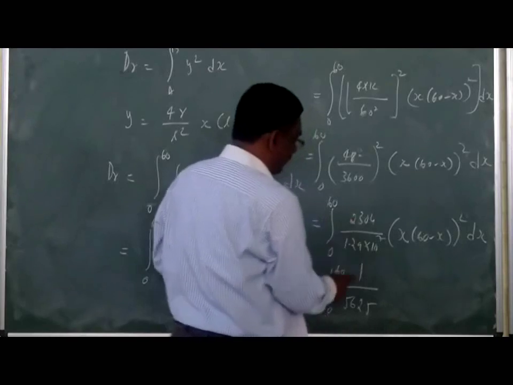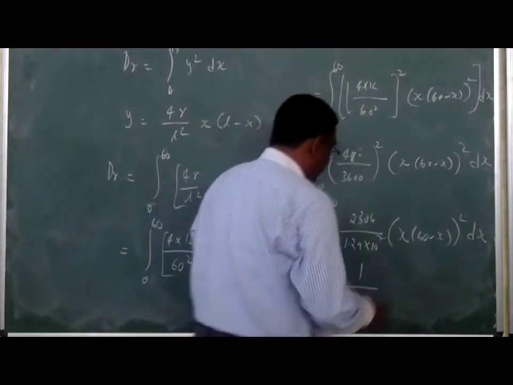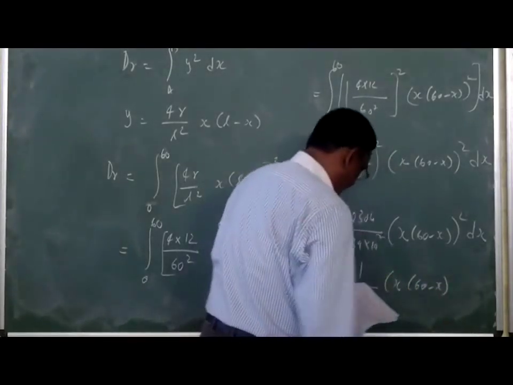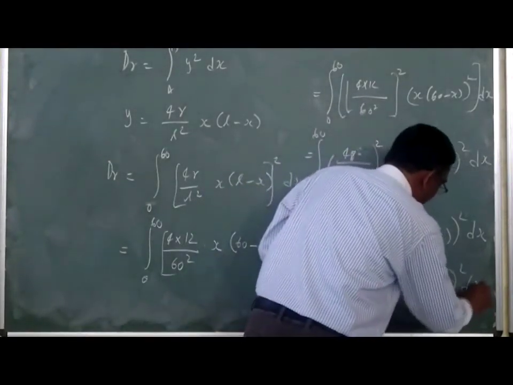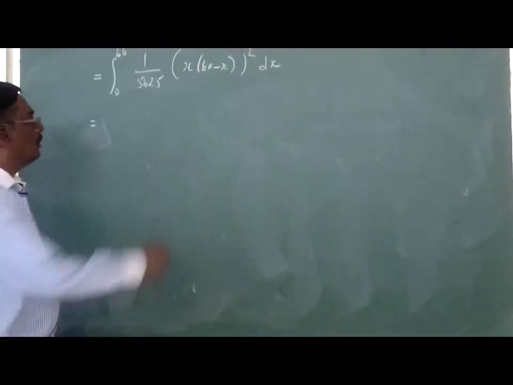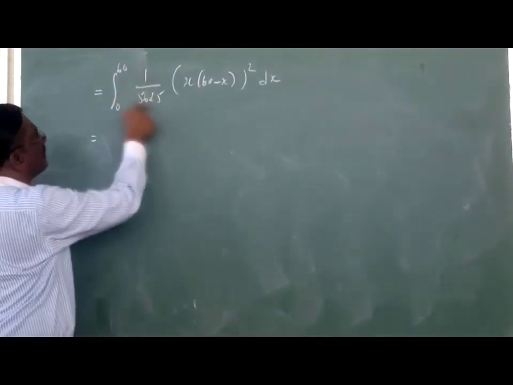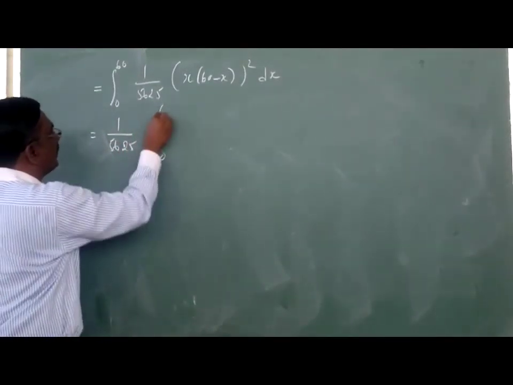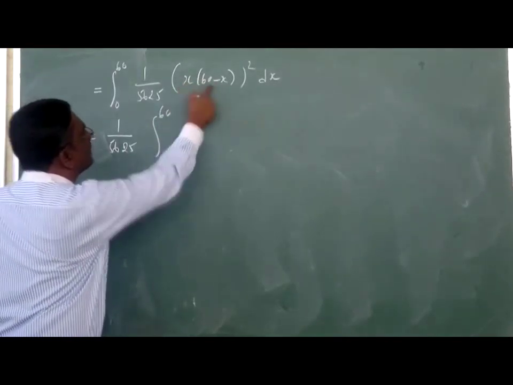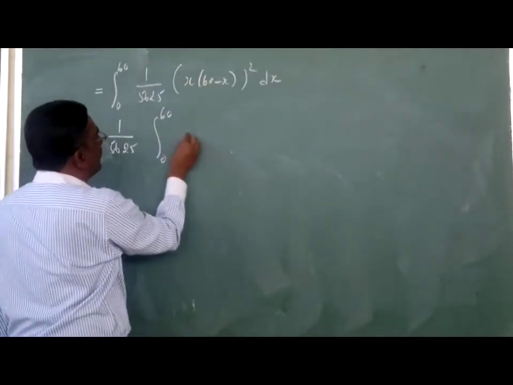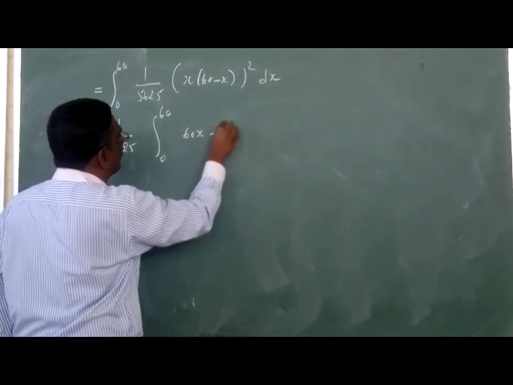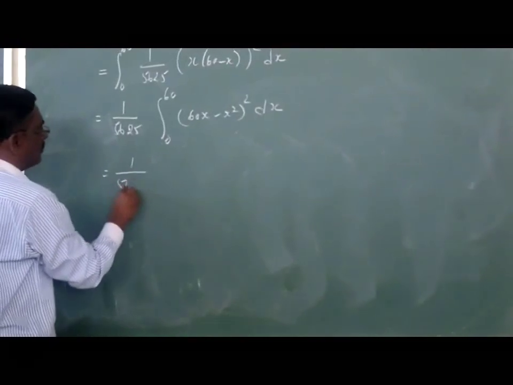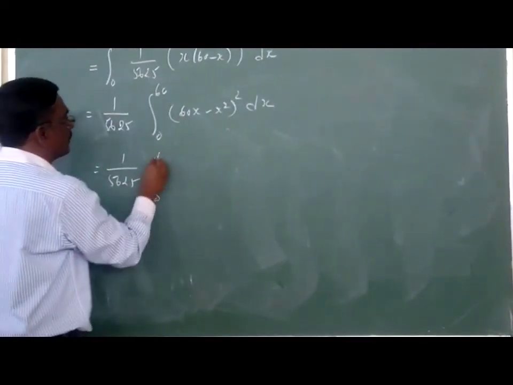Dividing this value by this value, you will be getting 5625, and this is x into 60 minus x whole square dx. In this equation, we can take this component out of the integration, 1 by 5625, 0 to 60. Here multiply x inside the bracket, so it may be 60x minus x square whole square dx, and this will be 5625 integral 0 to 60.